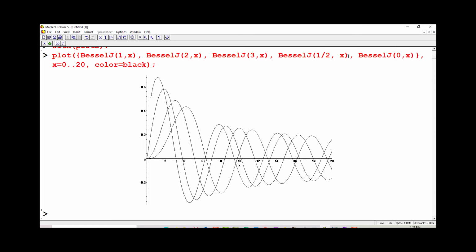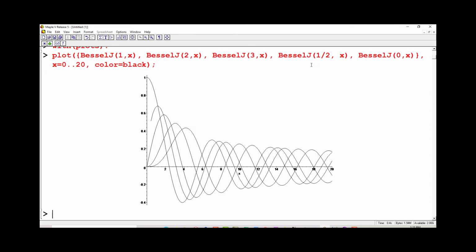The Bessel's function of the first kind, order 0 here, p equals 0, because this one is different. The p equals 0 case crosses through at a height of 1 when x equals 0, making it a little bit different from these others.